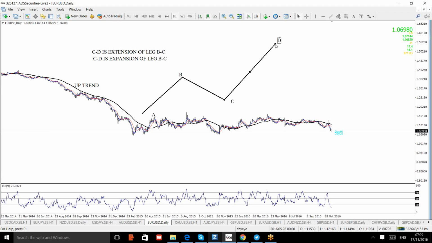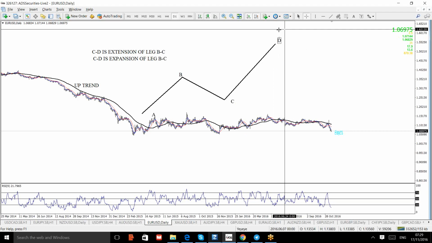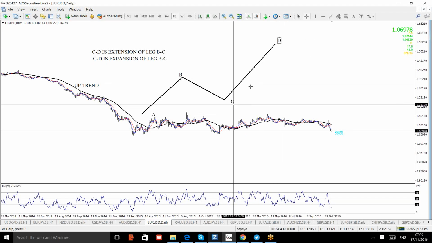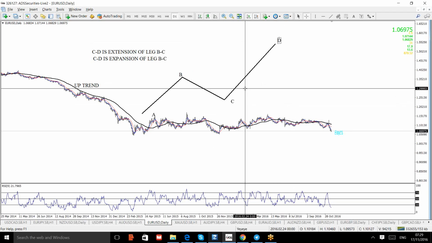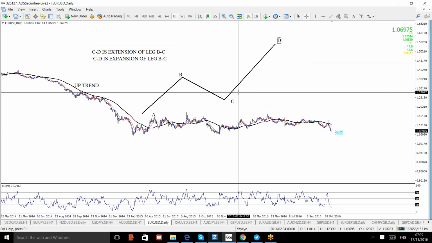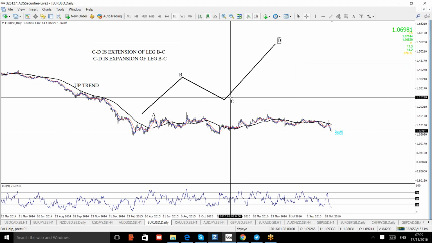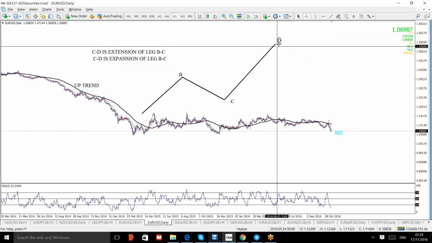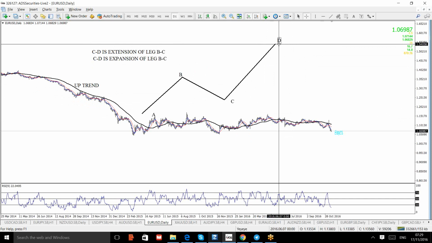Right, guys? Exactly. So now there is a tool provided by the institutions which we can apply to take out the possible institutional levels of leg CD. Institutional levels are the possible target levels of leg CD that institutions calculate, where they like to take profits.